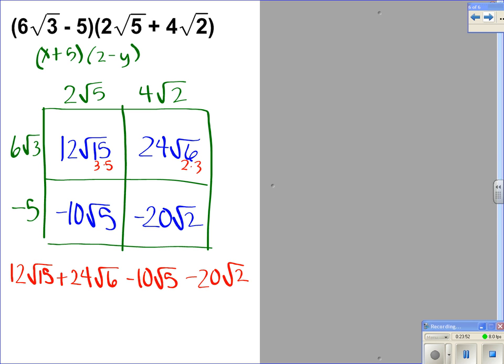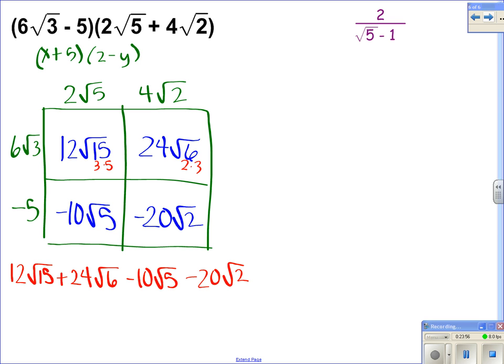We have one left. Now remember, we can't have radicals in the denominator. But this is a different situation because there's addition or subtraction in the denominator itself.